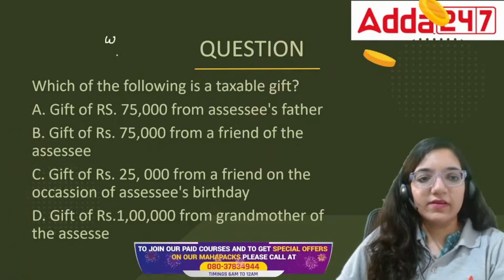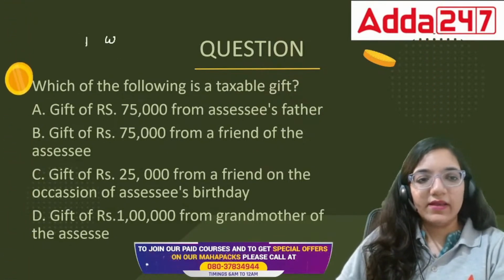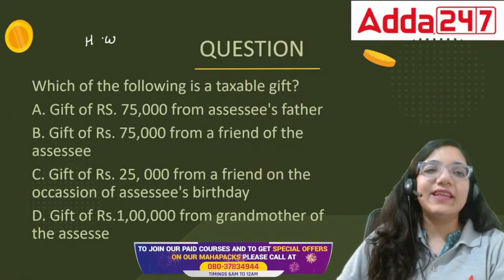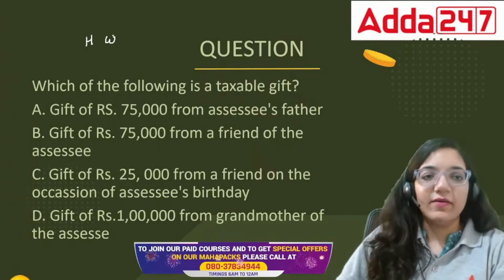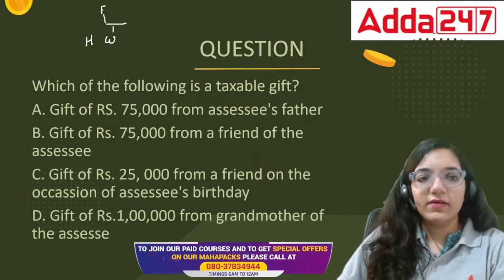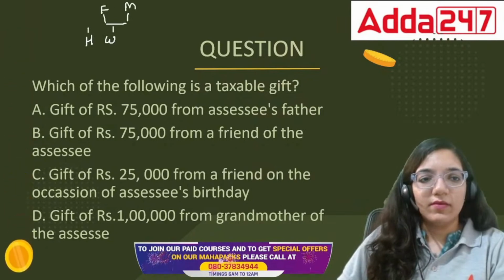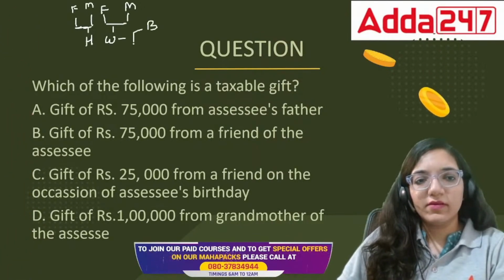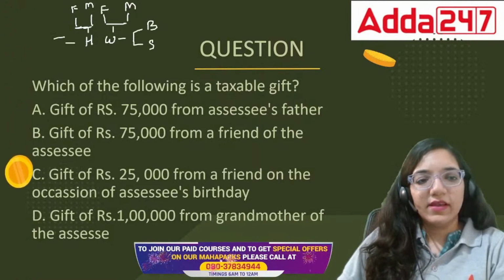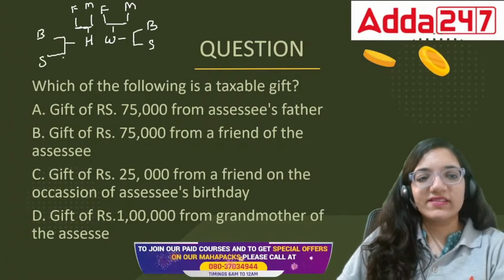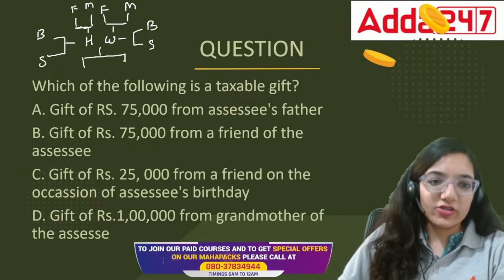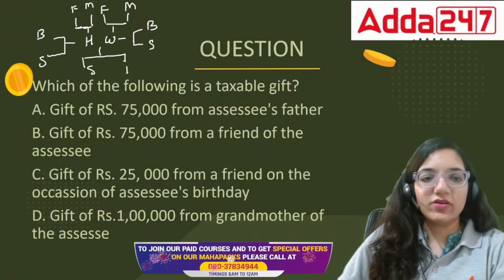Okay, that's me, wife. That means my husband is also my relative. Then the legal ascendants and descendants. That means we can say my father, my mother, my husband's father, my husband's mother, my brother, my sister, his brother, his sister, our children, that means son and daughter, both.